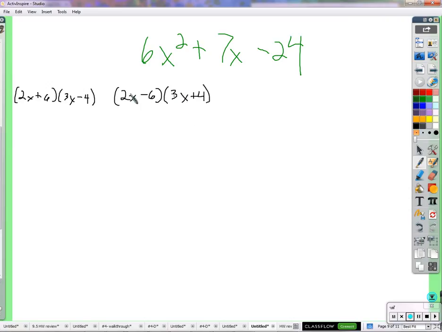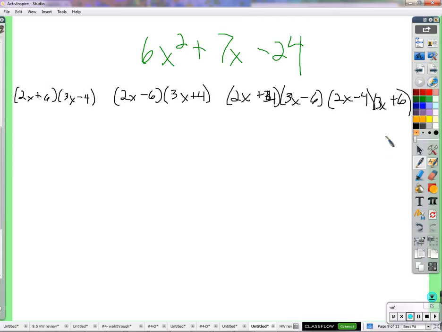Well, that gives me 6x squared and that gives me negative 24, and it's just left to check, right? This is the checking part. If I get a 7x right there. Well, then maybe I'll try 2x and a positive 4, and a 3x minus 6. But it could be 2x minus 4, and 3x plus 6.